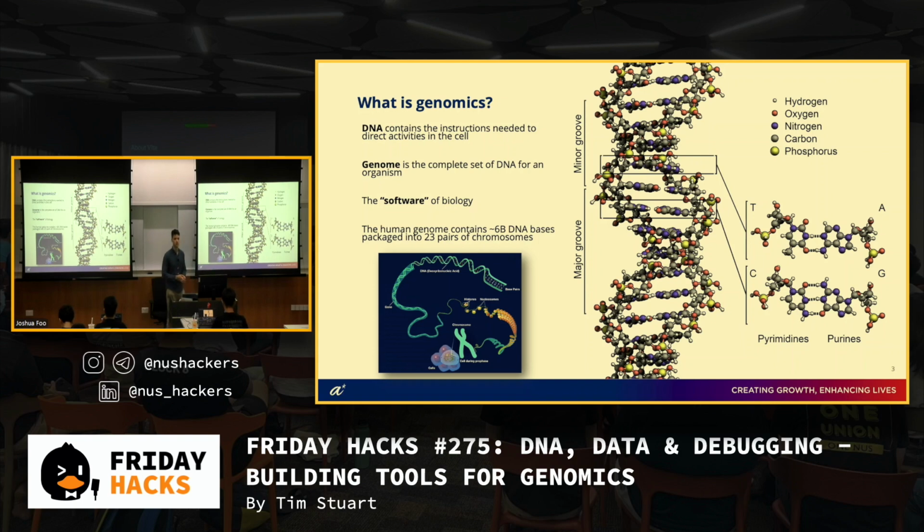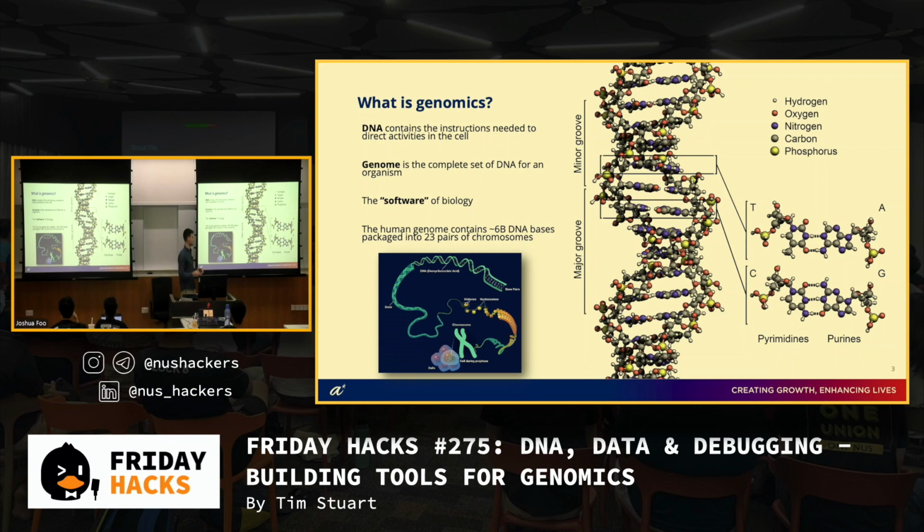It's composed of what we call nucleotides or bases. There are four of these bases, A, T, C, and G, and they pair together in a particular way. A pairs with T, and C pairs with G. They're arranged into this helix where all the base pairs are stacked up.